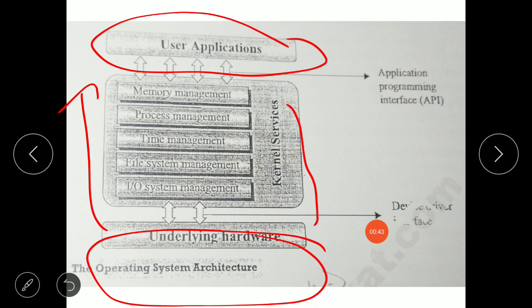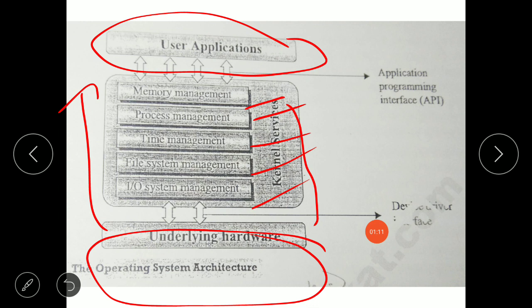The kernel is the core of the operating system and is responsible for managing the system resources and the communication among the hardware and other system services. The kernel contains different services for handling process management, time management, memory management, file system management, and input output system management.